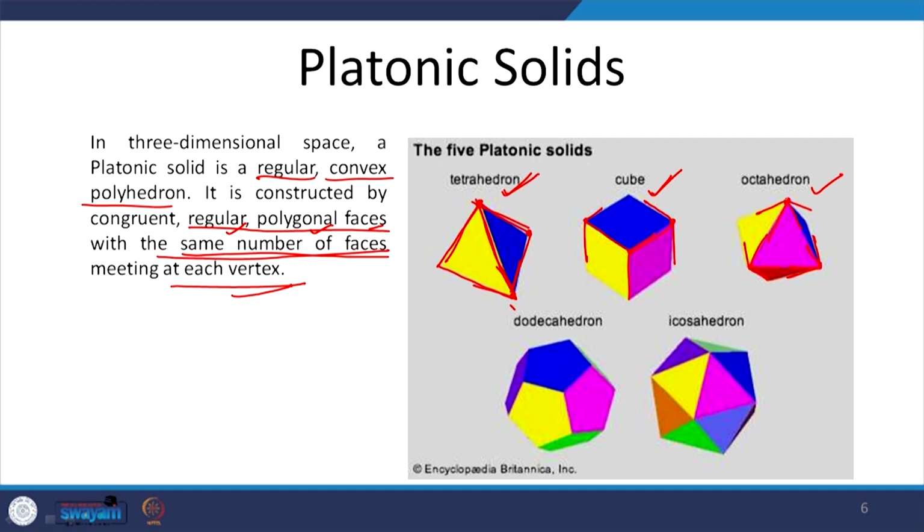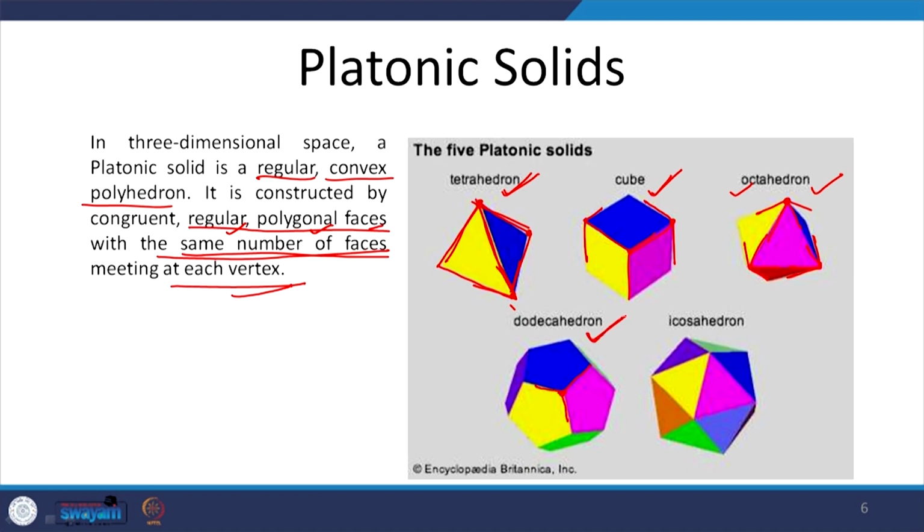So at each vertex we have 4 equilateral triangles meeting in an octahedron. We have another one which is called a dodecahedron. In a dodecahedron we have pentagons meeting together. At each vertex we have 3 pentagons coming together. So it is always a convex solid and we have the same number of faces meeting at each vertex.